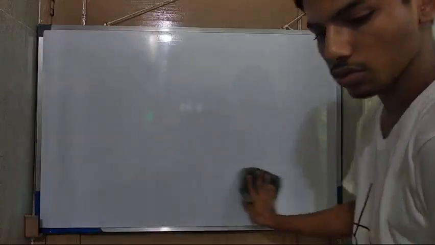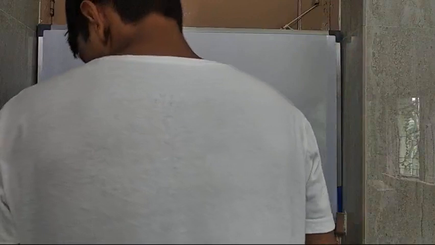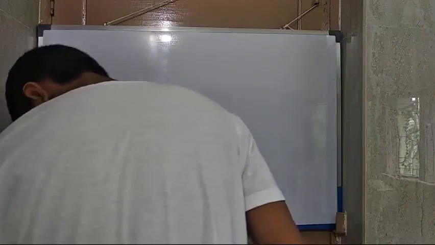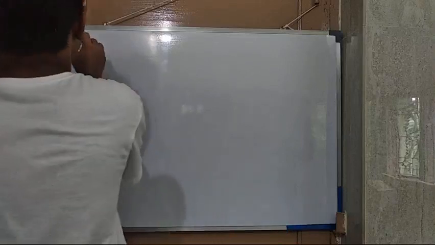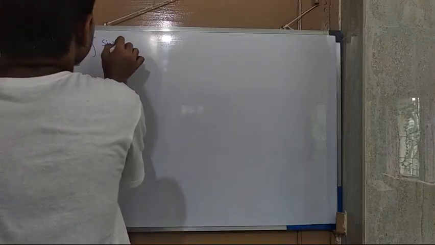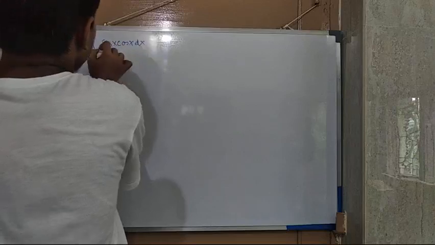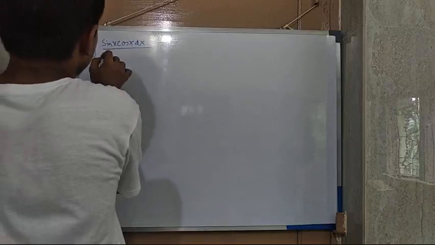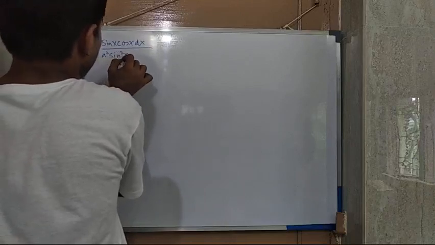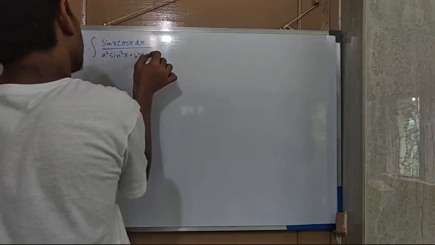The 64th question, which is a good question, is the integral of sin x cos x dx divided by a square sin square x plus b square cos square x.